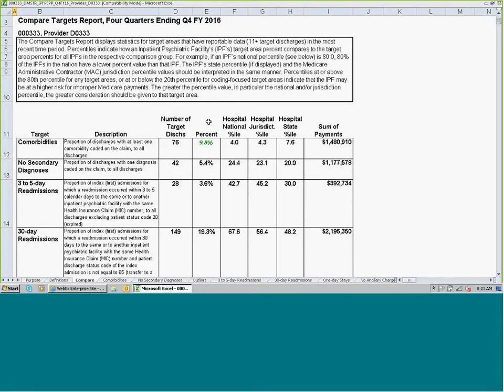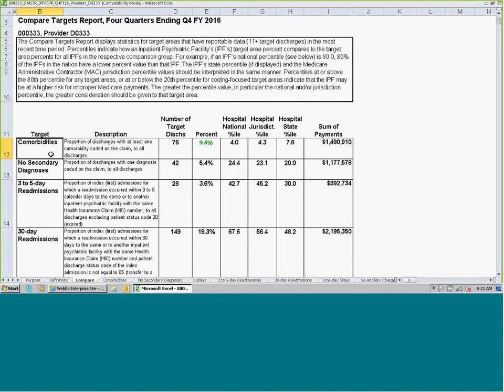This column identifies your target area percent, essentially the numerator divided by the denominator, which is not on this particular report, times 100. Then you'll see your national percentile, your jurisdiction percentile, and your state percentile. And lastly, we include the sum of Medicare payments for the numerator discharges.